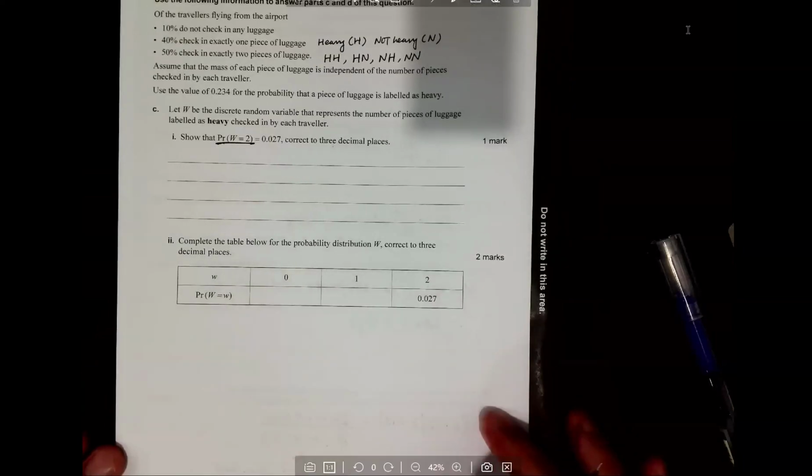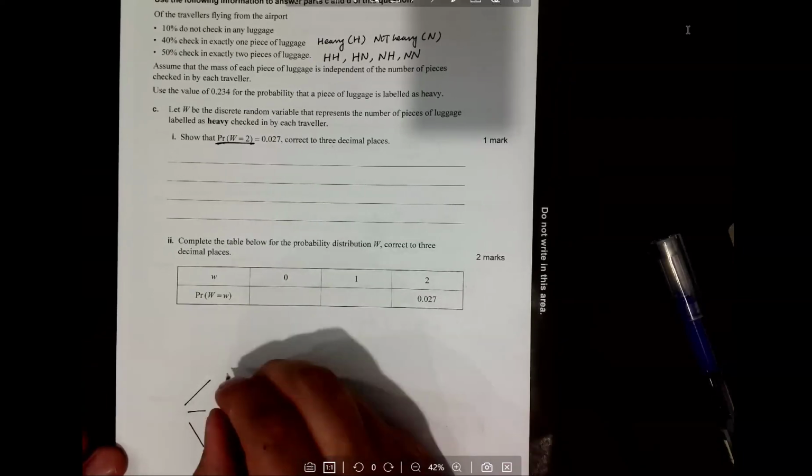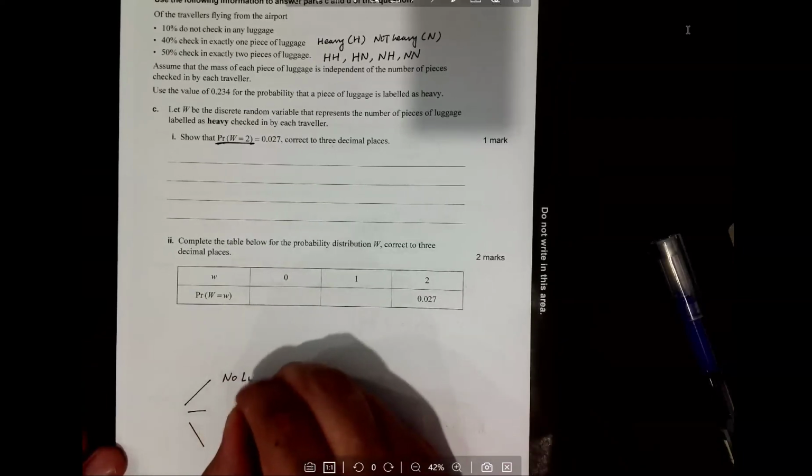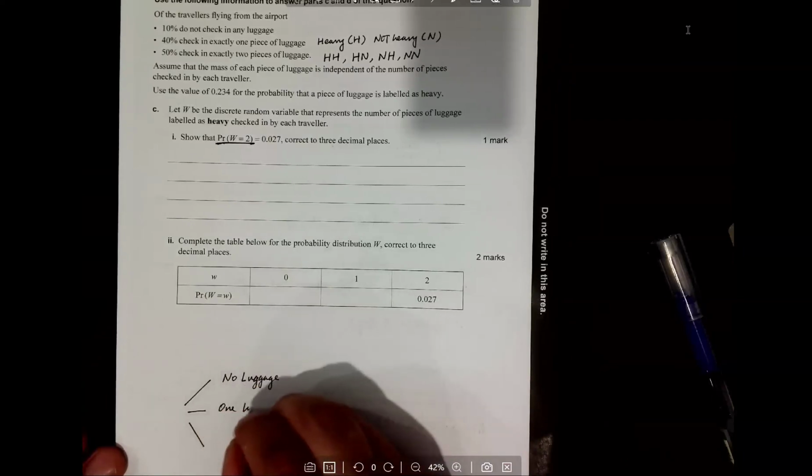So if you look at the bottom half of the page, you can draw a possible tree diagram. No luggage, one luggage, two luggage: 0.1, 0.4, 0.5.